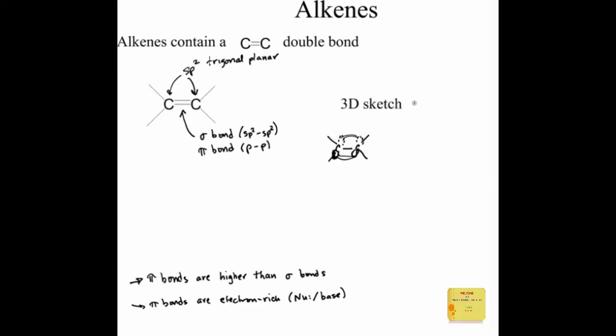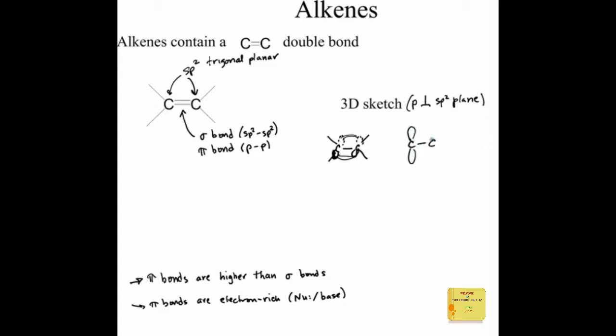Okay, so what we need to show is that the p orbitals are perpendicular, or orthogonal, to the sp2 plane. So actually another way that we can draw this molecule is to draw it so that the p orbitals are in the plane, the pi bond is in the plane.